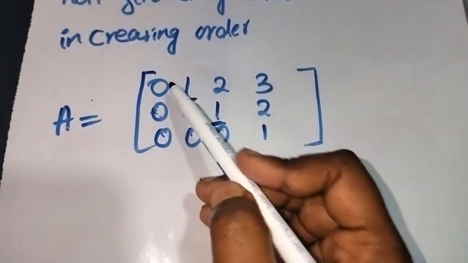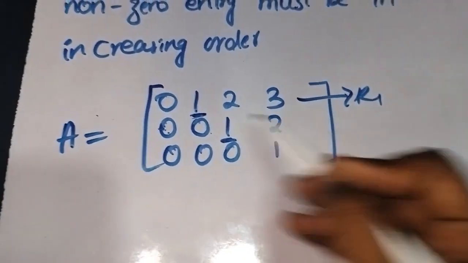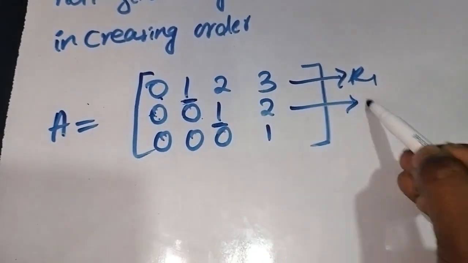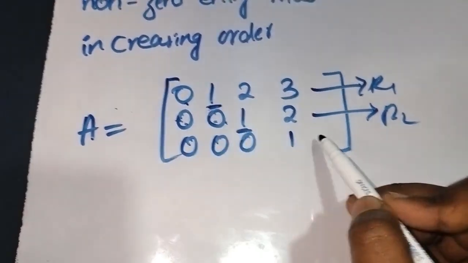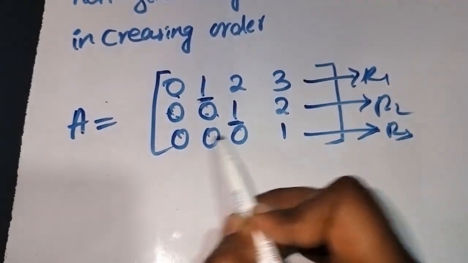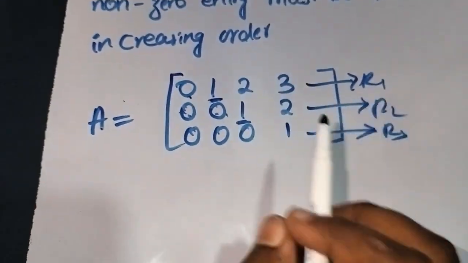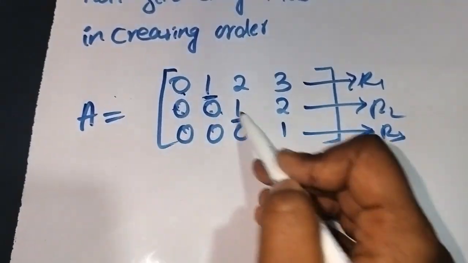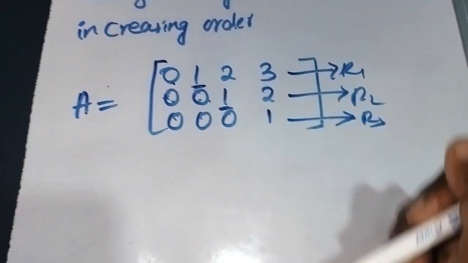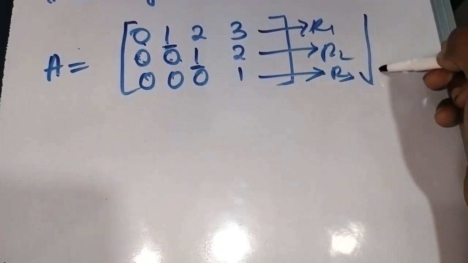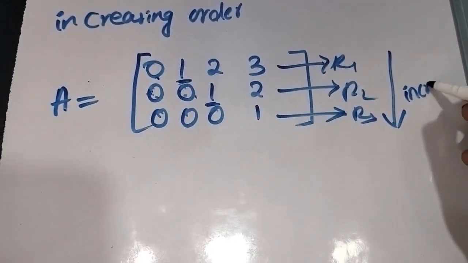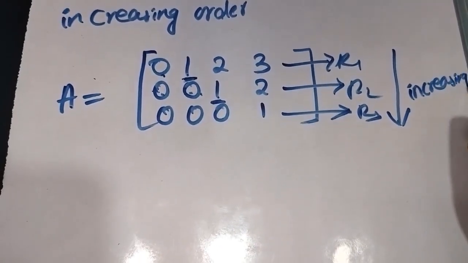In the first row we have 1 zero, in the second row we have 2 zeros, in the third row we have 3 zeros. In simple words, the zeros must be increasing from top to bottom.